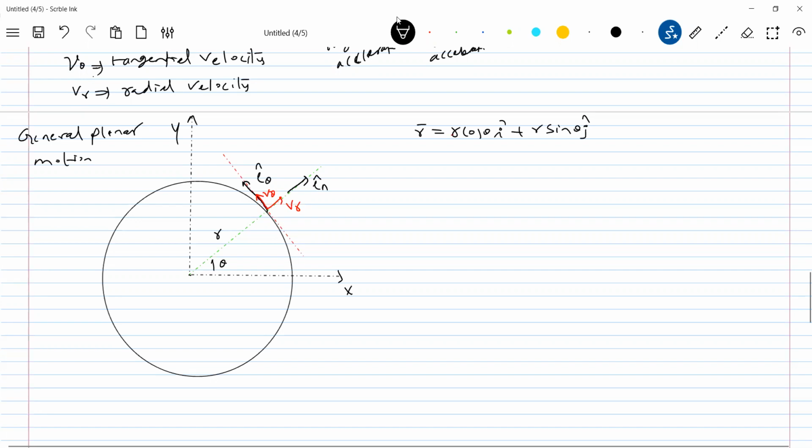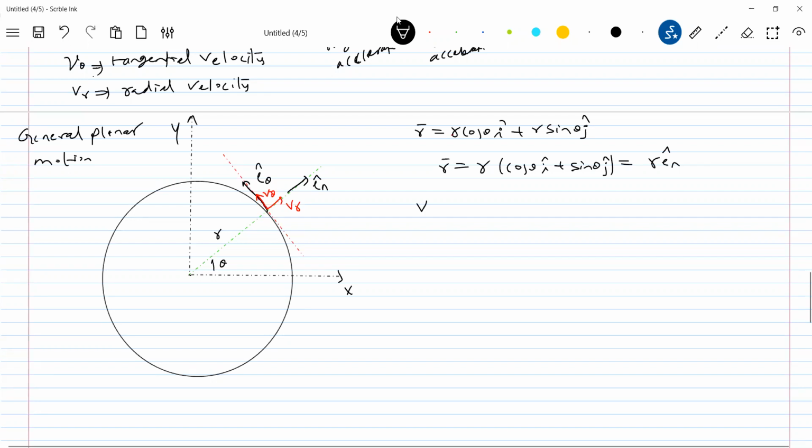Let me differentiate this. In vector form, how do you write it? R into cos theta i cap plus sin theta j cap. What is cos theta i cap plus sin theta j cap? That should be equal to e r cap. Already we defined the unit vectors, no? Now let me differentiate this.